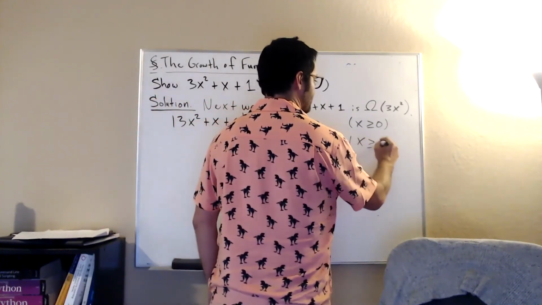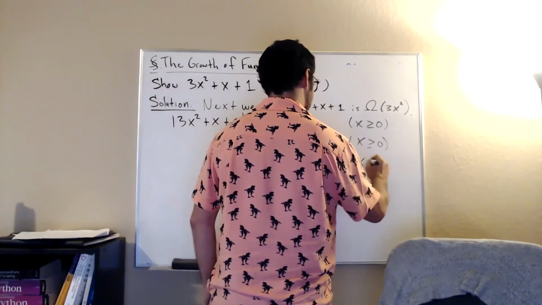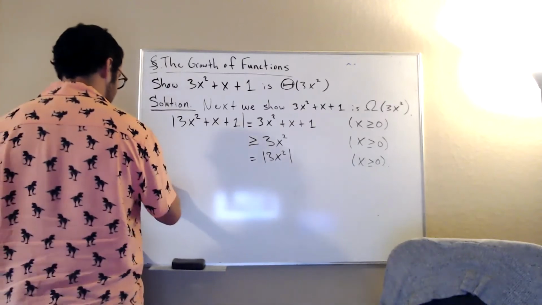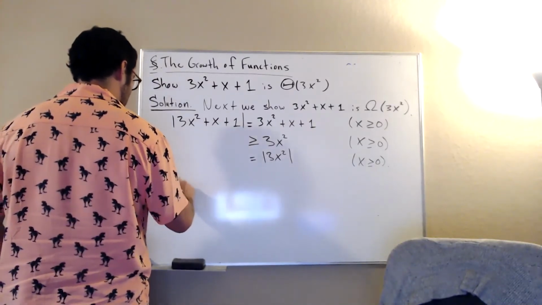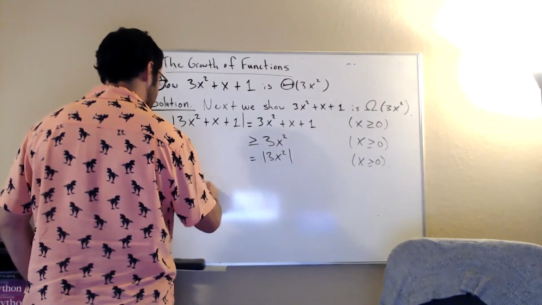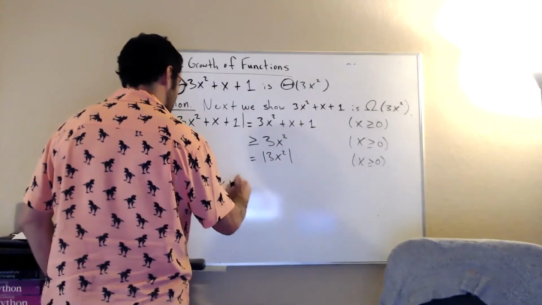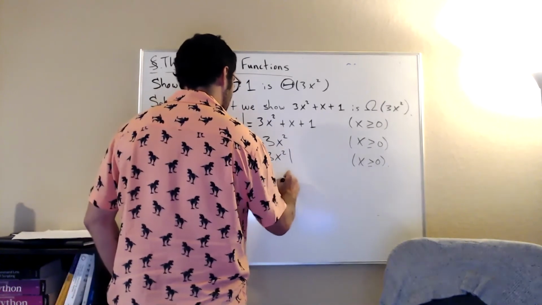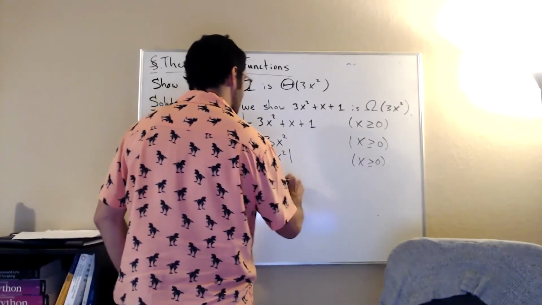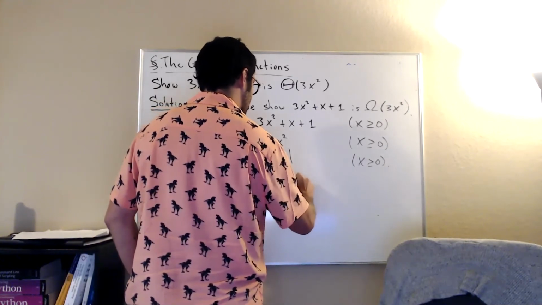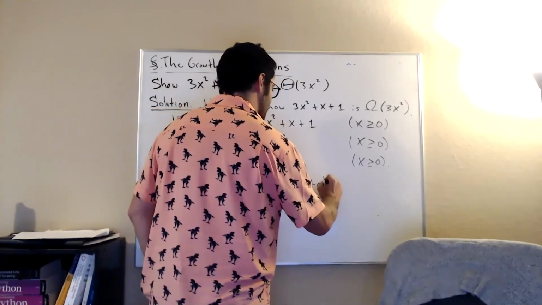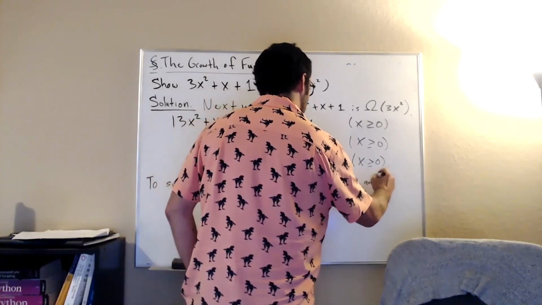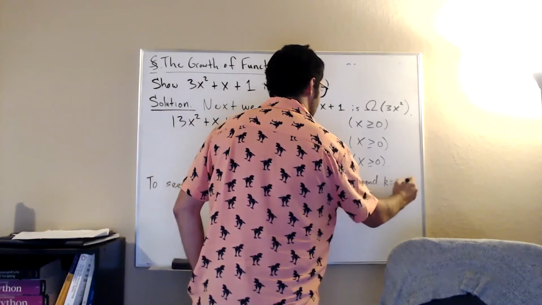And again, this is provided x is positive. So we see this function is big omega of 3x squared. Take witnesses c equal to 1 and k equal to 0.